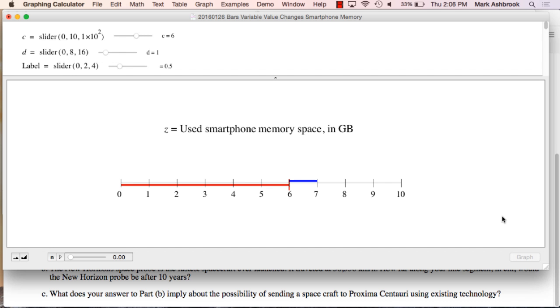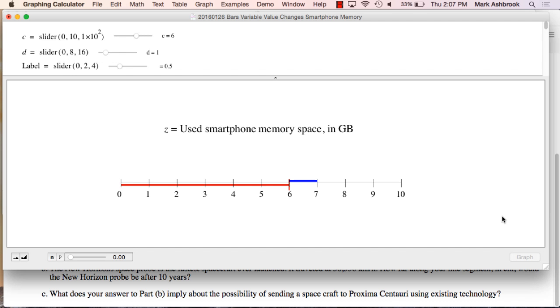They take on different values at different moments. We want to get out of the mindset that a variable has a certain value and I've got to solve for it. Sometimes that's true, but the overarching meaning for variables is they take on many values in a context. As you're going through life with your smartphone, your used memory is changing all the time. So we want to say z takes on the current amount of used space.